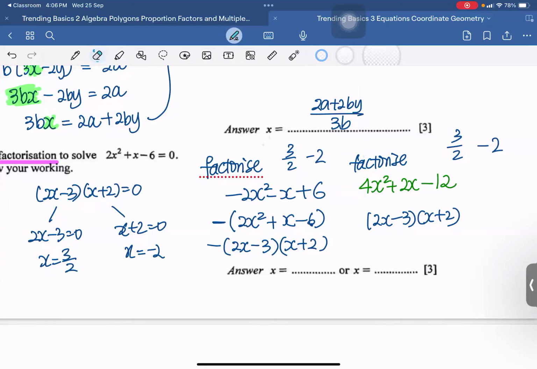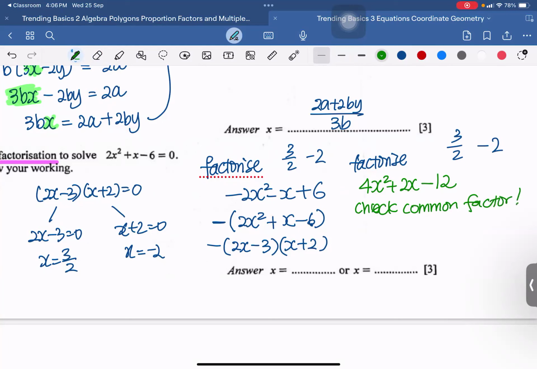So the calculator won't be able to tell you the correct answer for this kind of question. Why is that so? Because there is a common factor. So you yourself need to factorize out the common factor. No more common factor already, then you factorize this one. Is it okay?